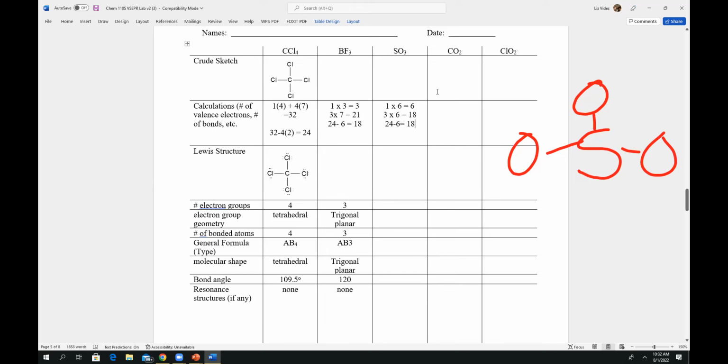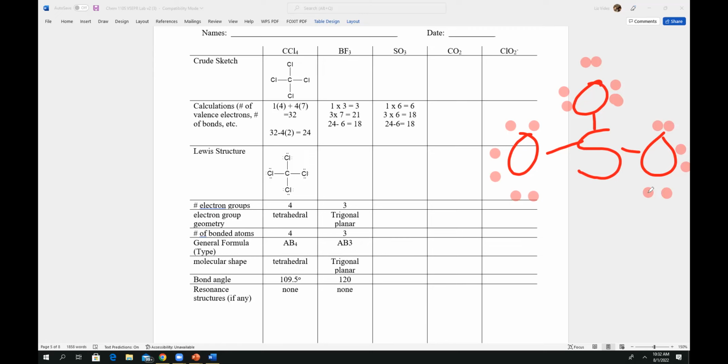All right. Look, it's looking a lot like BF3, isn't it? But the problem here is the central atom. And you'll see 1, 2, 3, 4, 5, 6, 7, 8, 9, 10, 11, 12, 13, 14, 15, 16, 17, 18. Well, yeah, that's good.